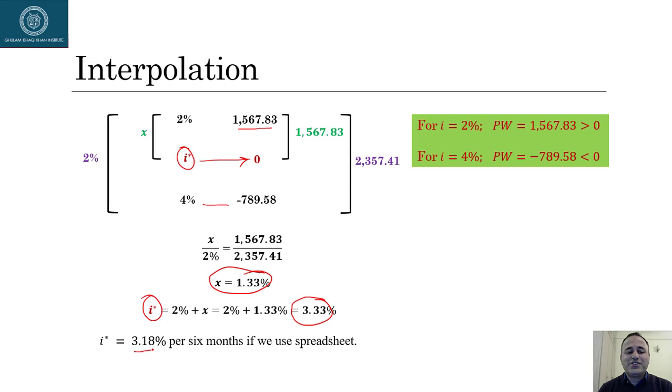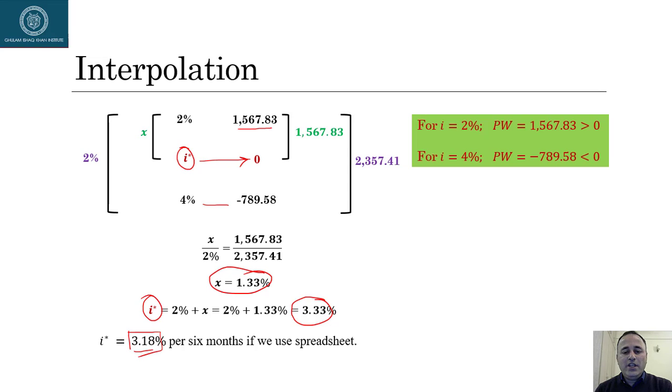But if I use Microsoft Excel, it's 3.18. Again, interpolation is a linear technique. The relationship between PW and i itself is non-linear, so there will always be a degree of error. So that's perfectly fine, that is acceptable.